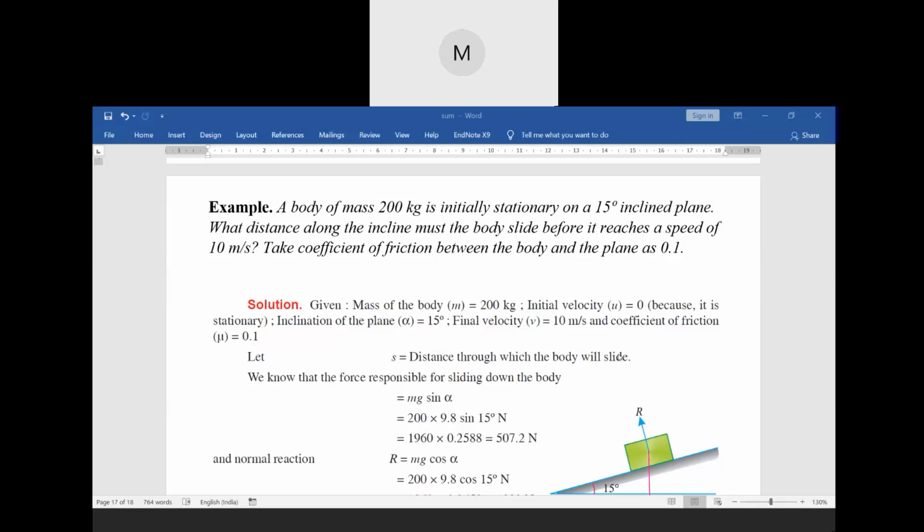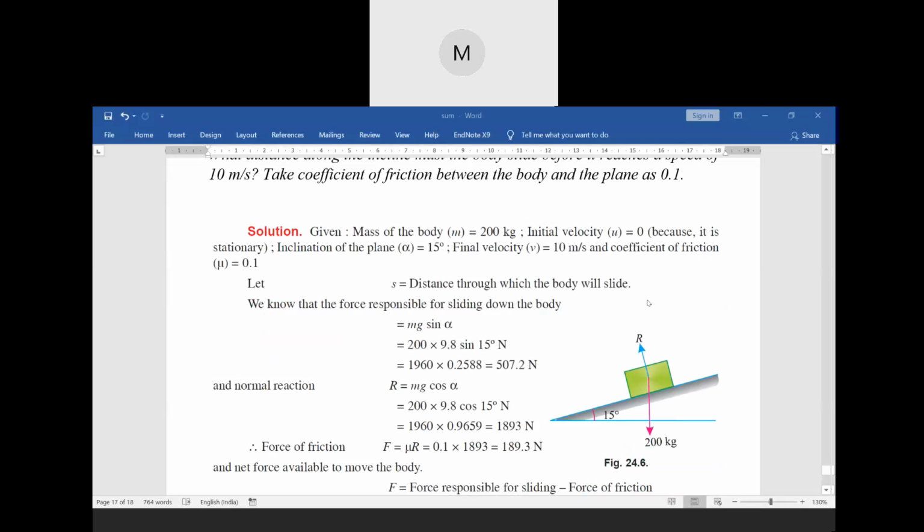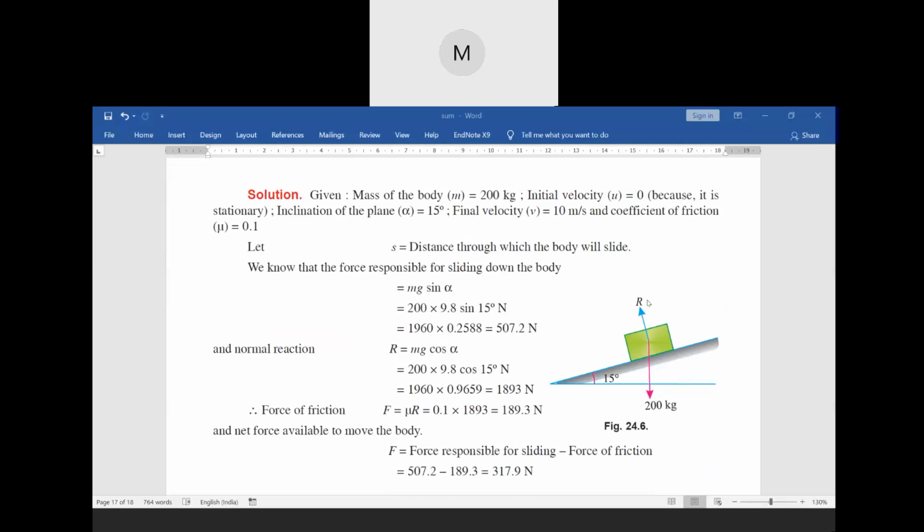Now look at this. The mass is given as 200 kg. Initial velocity u equals 0 because it is stationary.